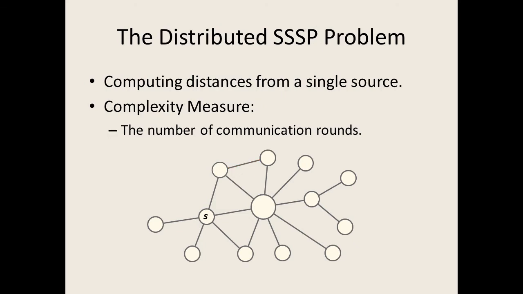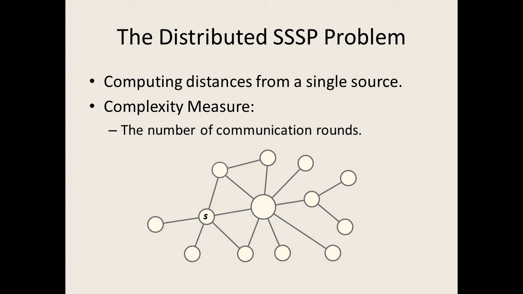Now, in many applications, these vertices would like to compute some properties of their own network. An important example is the single source shortest path problem, in which we have a single designated vertex S, which we call the source, and each vertex wants to compute its distance from the source. Of course, taking into account the weights or the directions of the edges, if such are given.